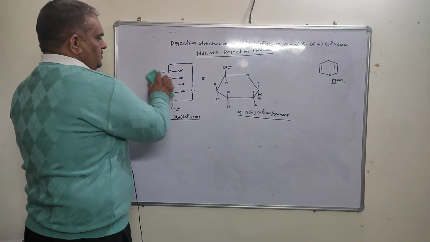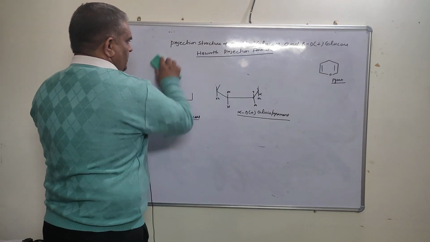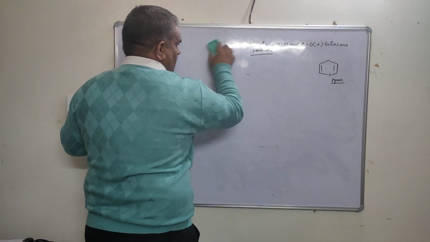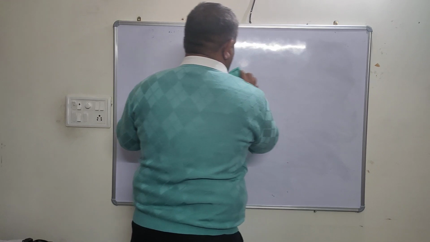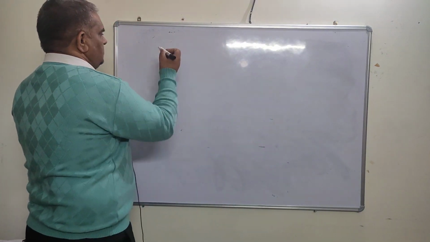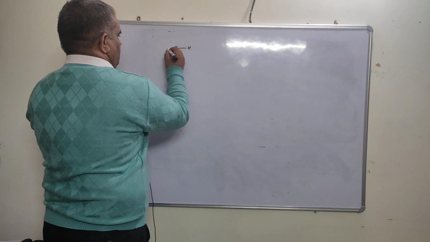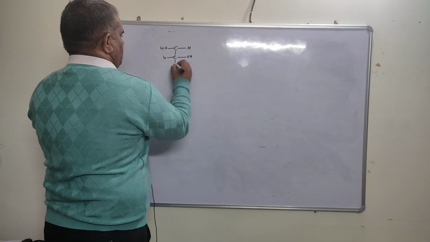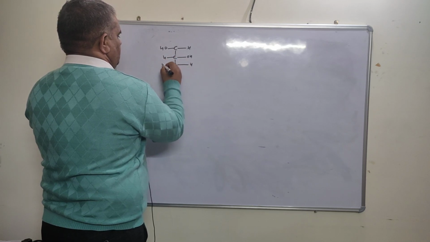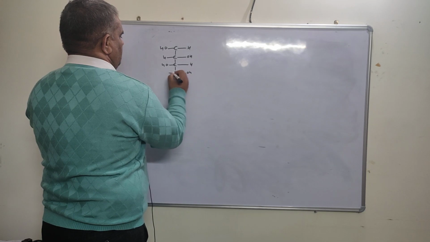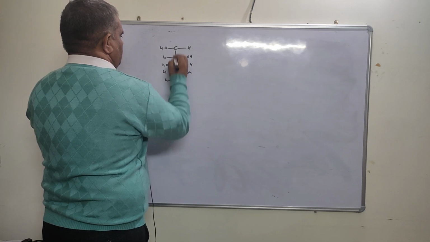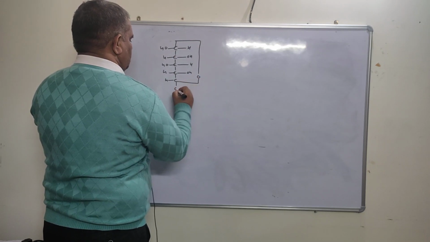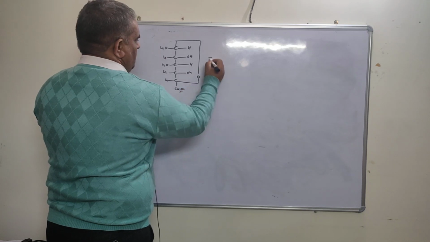Next is beta D glucose. H, OH, carbon, OH, H, carbon, H, OH, this carbon, OH, H, this carbon, H. This is the Fischer projection of beta D glucose, CH2OH, and the Haworth projection formula.